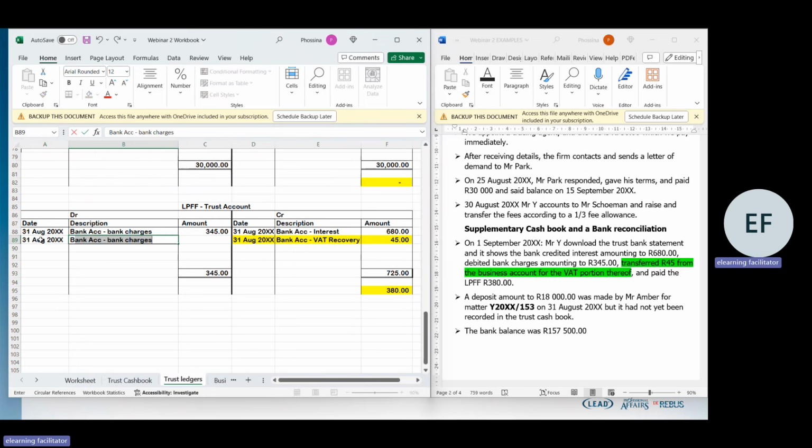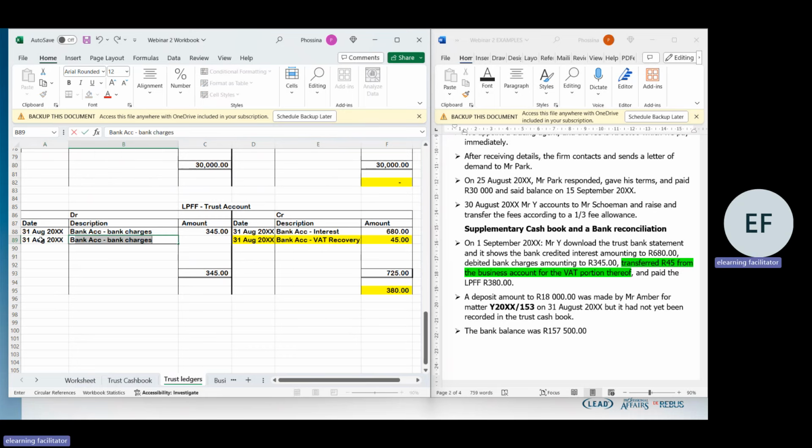Let's see, Mr. Ember. Okay. Mr. Ember, file number L20XX/153. And how much are we receiving? 18,000, just like that.